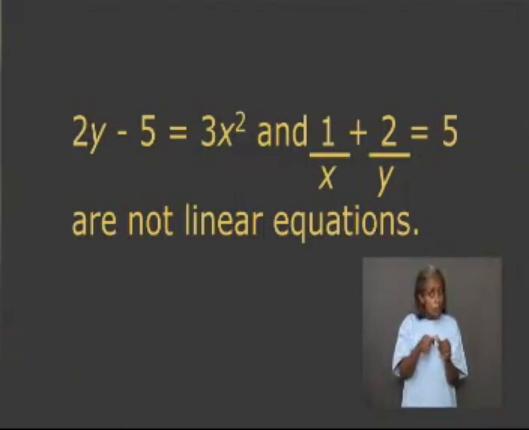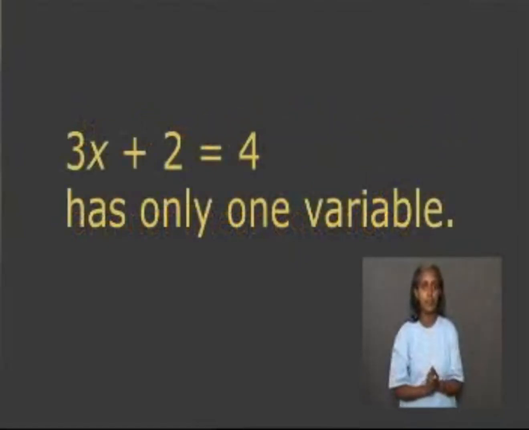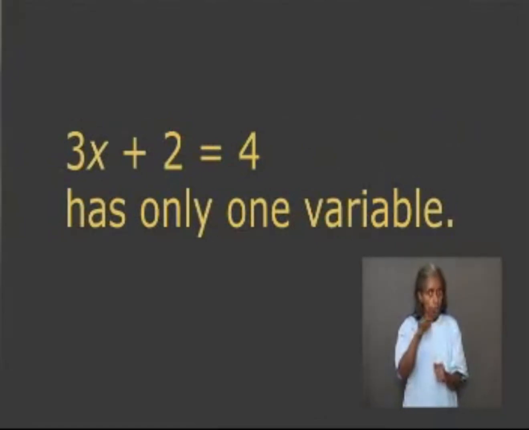Remember, in order to be a linear equation, you must be able to reduce the equation to the form of y equals a times x plus b. Answer C is a linear equation, but it has only one variable, x.